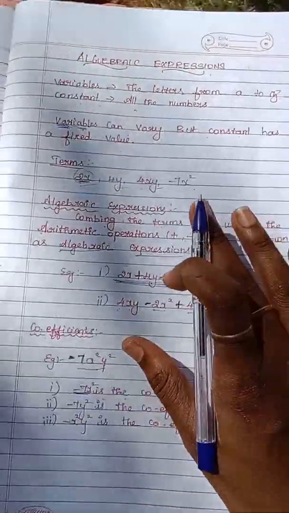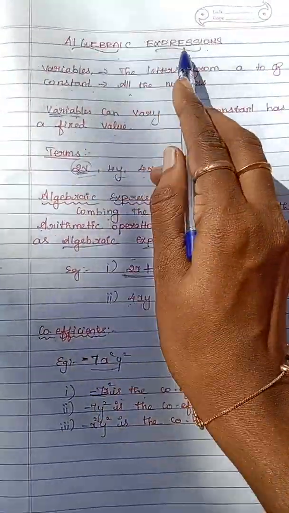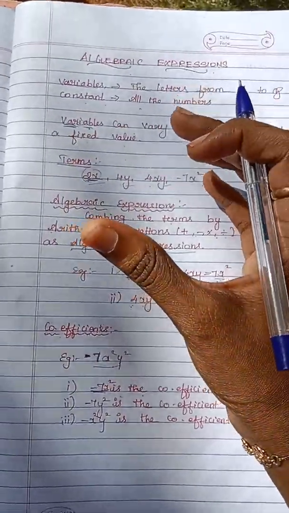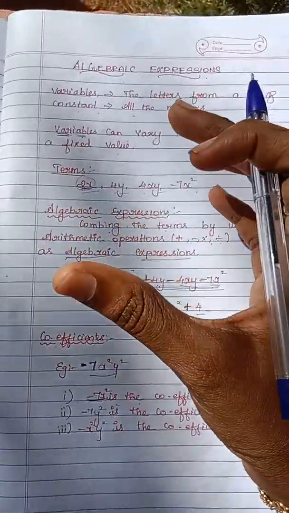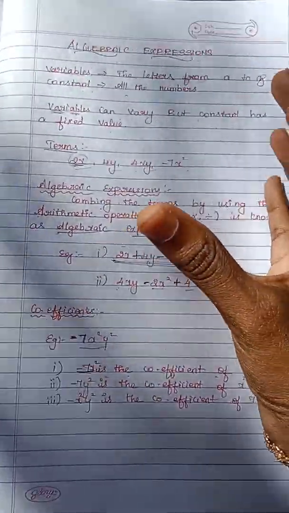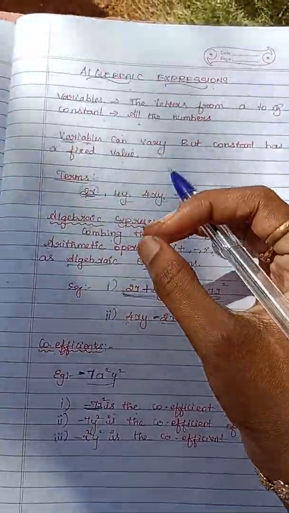Now I am giving the overall view. Please listen carefully, children. An algebraic expression is nothing but joining or combining terms by using the arithmetic operations like plus, minus, multiplication, division.